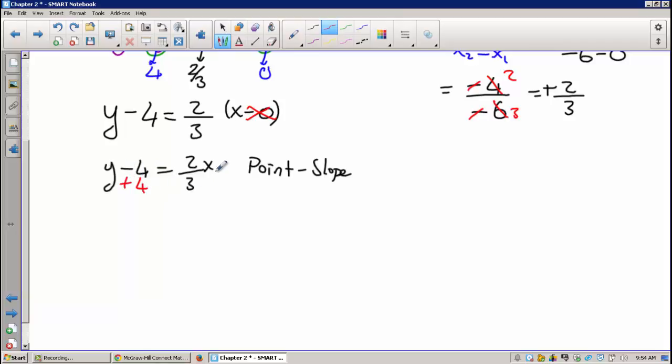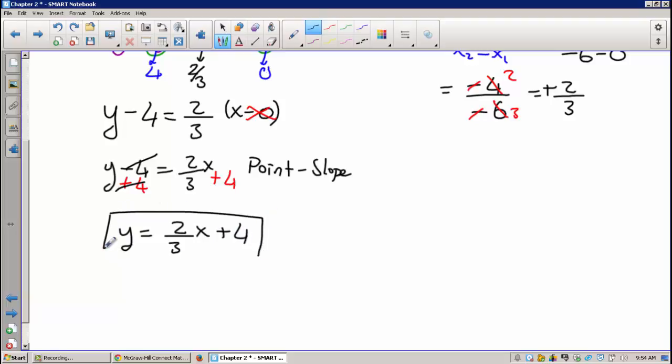Add 4 to both sides and get y by itself. Okay? Now this is slope intercept. You see, one single move makes a change in the form. Formula turns into slope intercept.